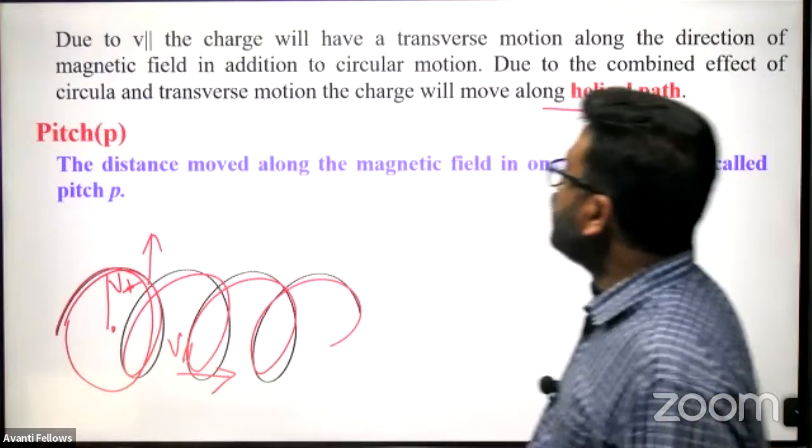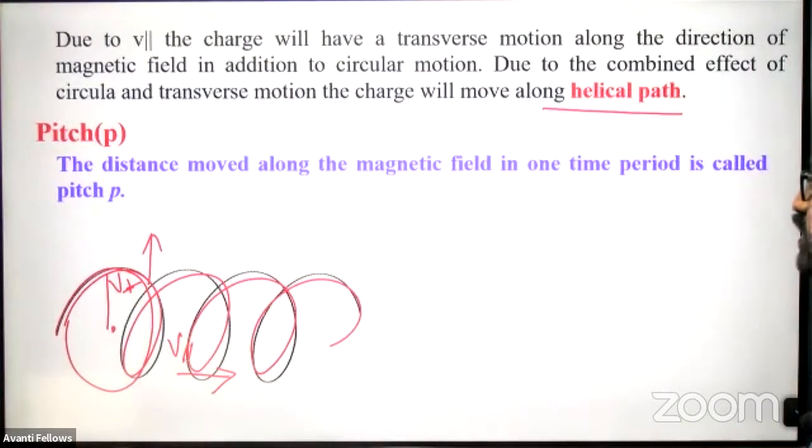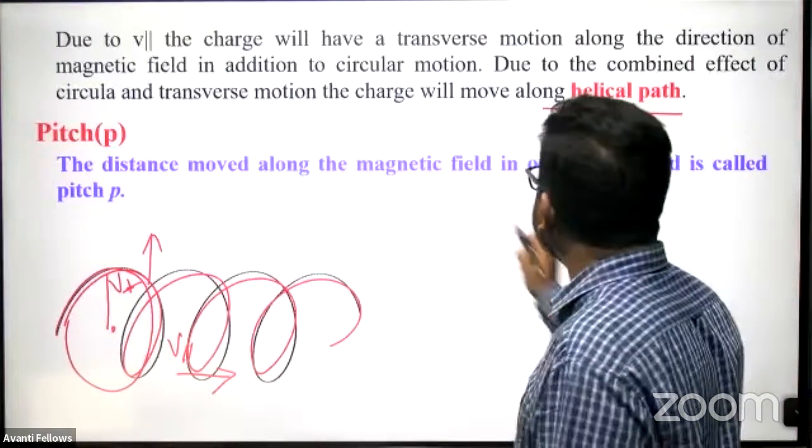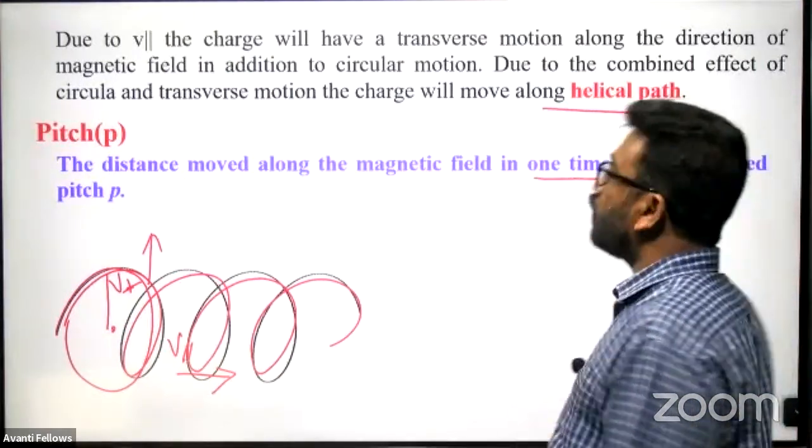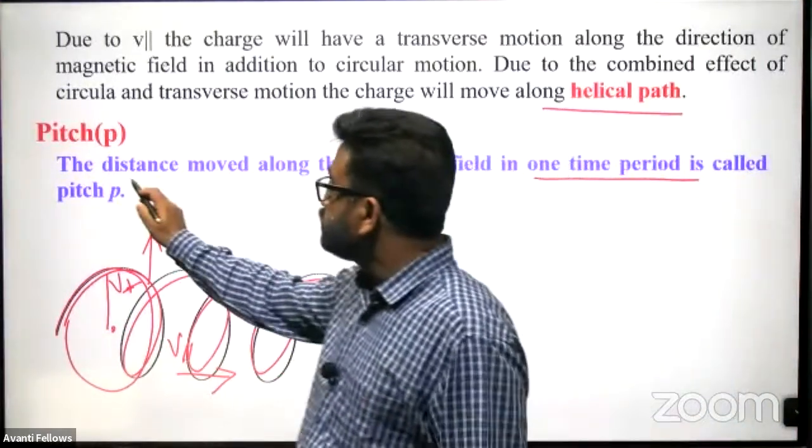And the distance moved along the magnetic field in one time period is called pitch P.